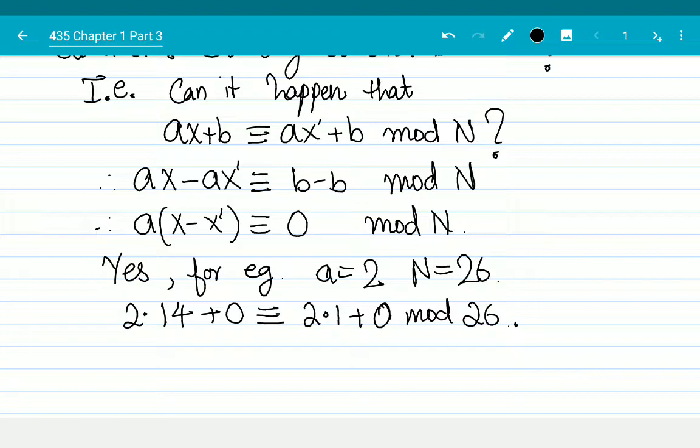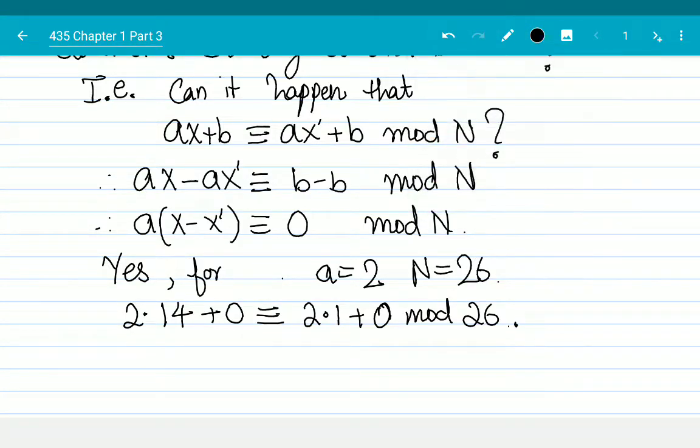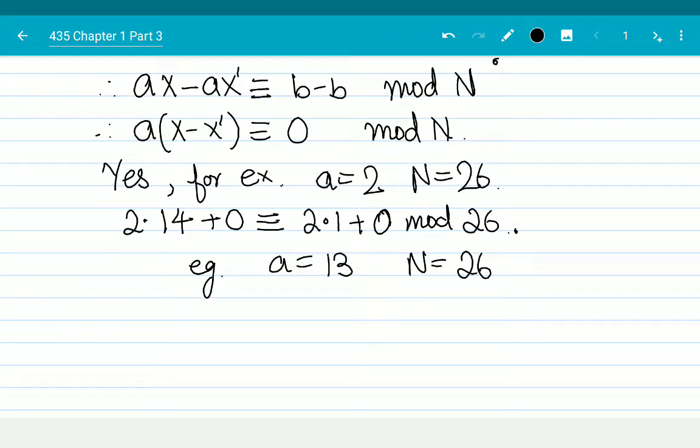Another example where things won't work is, for example, a equal to 2, n equal to 26, or another example, a equal to 13, n equal to 26, in which case, let's say 13 times 4 is congruent to 13 times 6 mod 26, right?